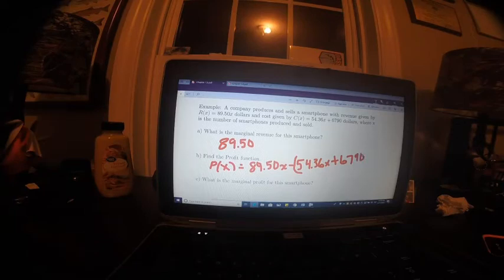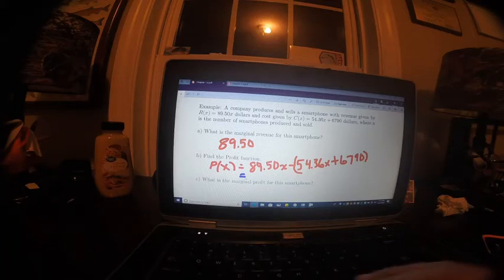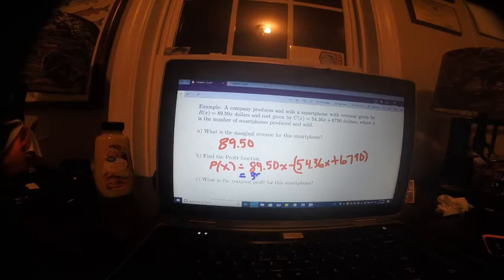Okay, now we definitely need to simplify here, and I'll change colors for that so it doesn't all blend together. If I simplify this function, what I'm going to wind up doing is subtracting 89.5 and 54.36. So you've got your TI, you should have one available. You should be able to subtract those, and what you're going to get is 35.14X.